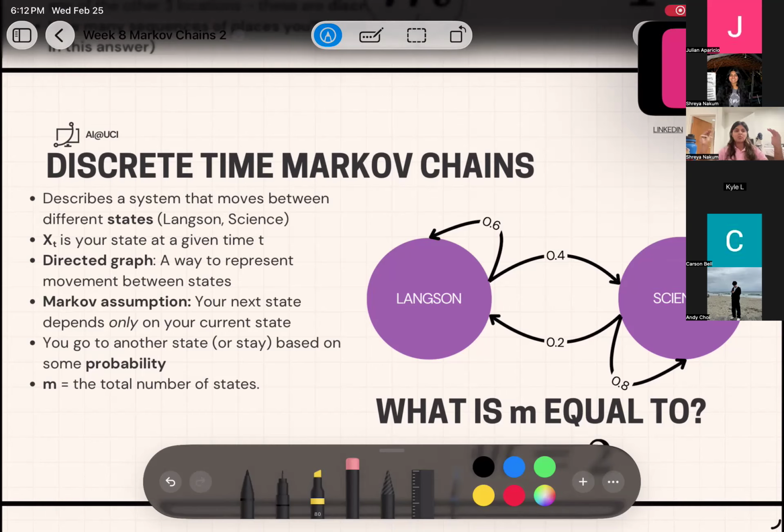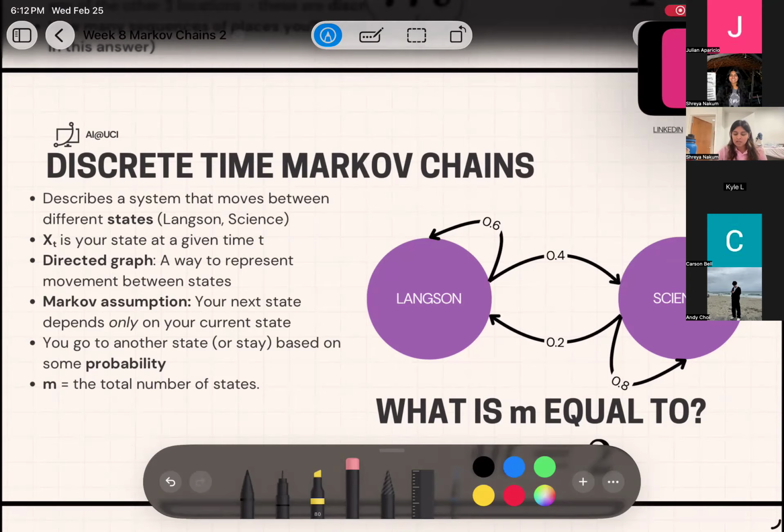Because there's 10 hours, 10 places you're going to go to. If I told you that the only thing that matters in where you'll go next is just your current state, and that is the only way you're going to know where you're going to go next, what you did before that does not matter, that decreases the probabilities that you care about by a lot, right? That's what the idea here is.